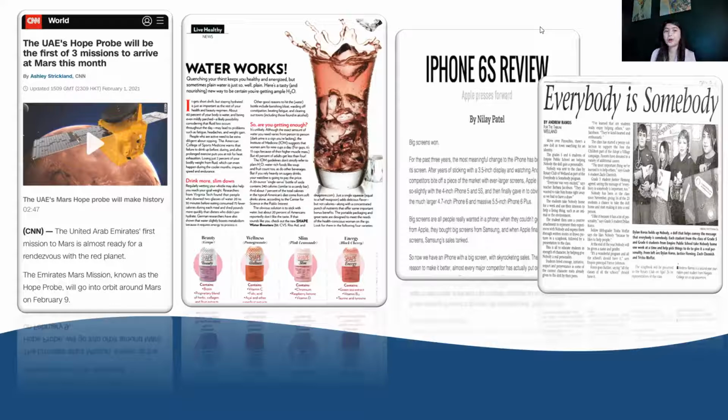So what do you think? What type of article is this? Yes, Leo? That's correct. Yes, this is a news article. And we all know CNN is known for what? Delivering news, providing us facts and information about the recent happenings in the world, right?